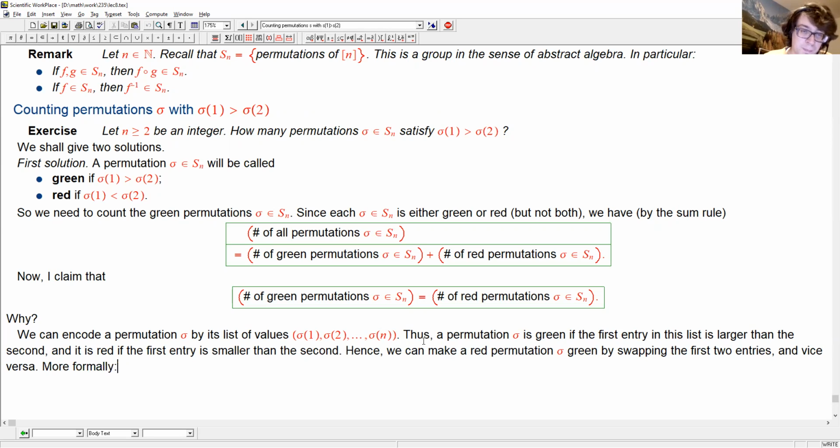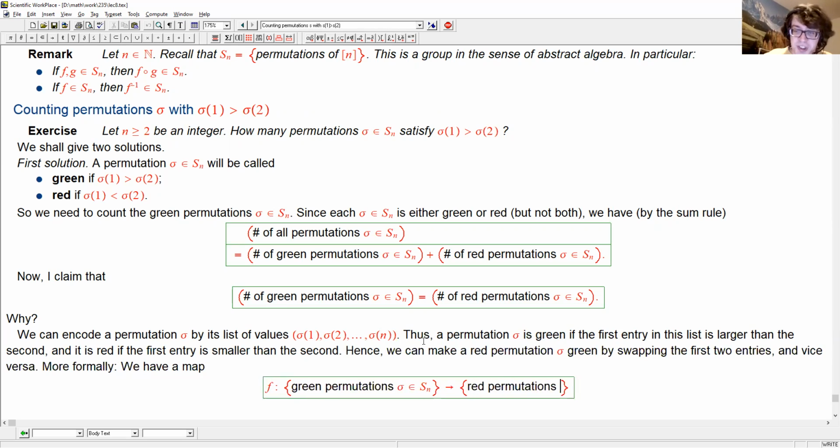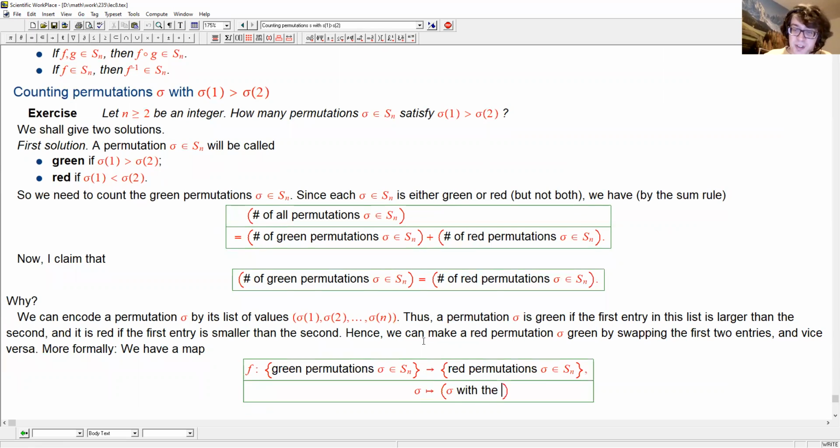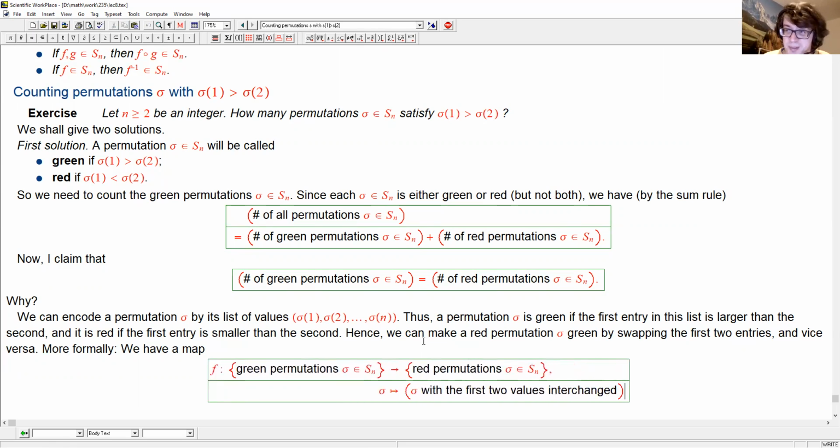More formally, we have a map, let's call it F, from the set of green permutations sigma to the set of red permutations sigma, that sends each sigma to sigma with the first two values interchanged. Interchanged is probably a slightly more precise word.